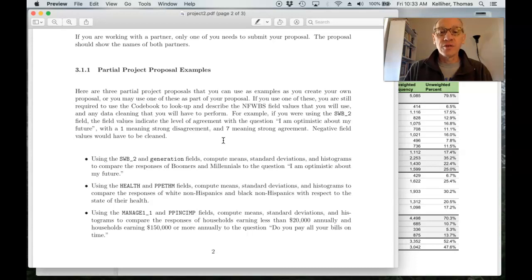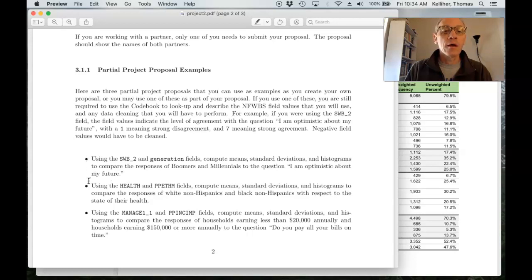As this mentions, I am expecting that you'll use the code book in order to look up the values with these fields and any values that need to be cleaned.